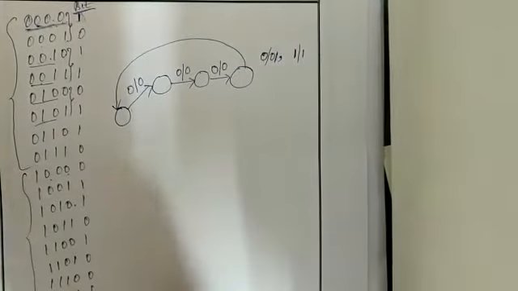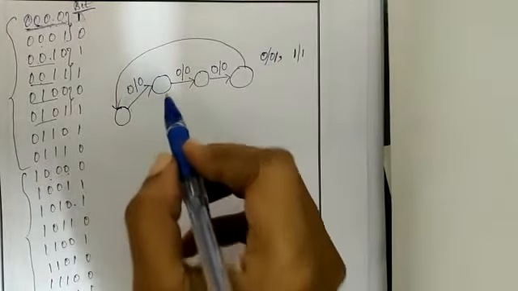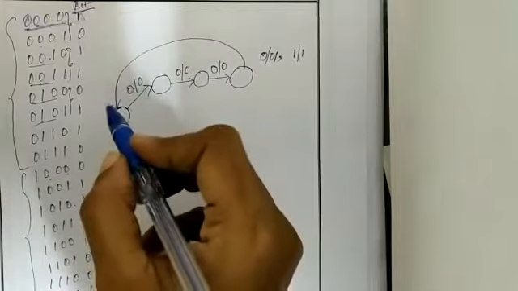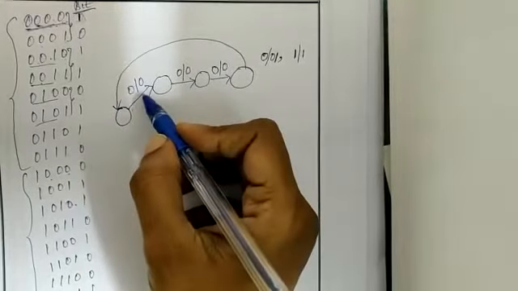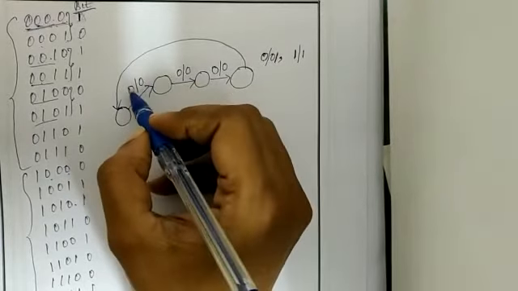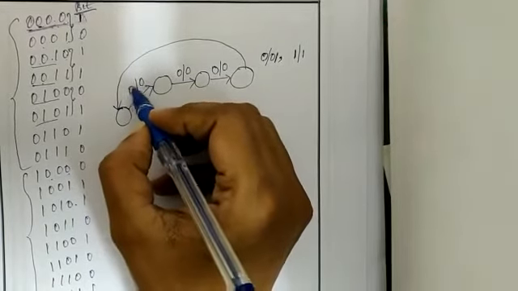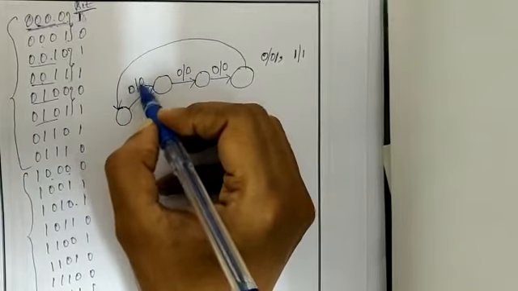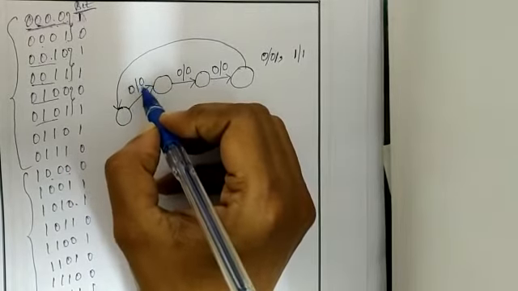Right, this is the Mealy machine. Mealy machine representation is different from Moore machine. In Mealy machine representation, for every state, how should I represent input and output? With a slash. Input slash, after the slash you will have your output.